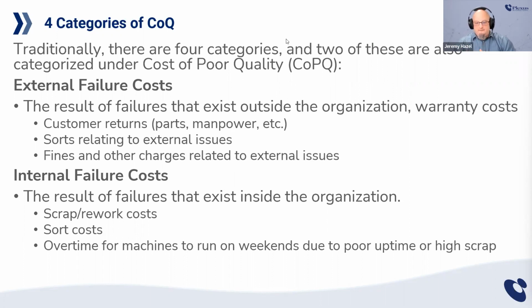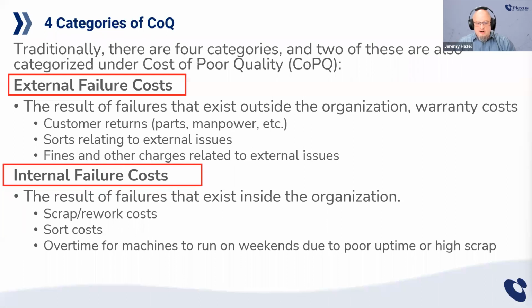Now, the first 2 categories, what we will call external failure costs and internal failure costs, are traditionally referred to as cost of poor quality, what we're going to call CoPQ, okay?